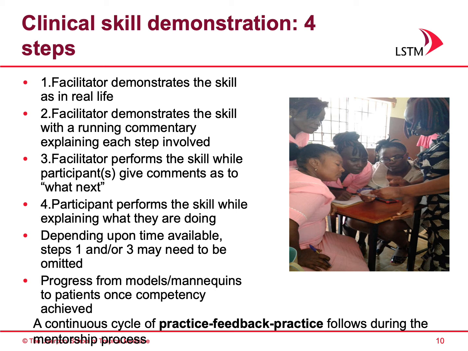And then the facilitator should demonstrate the skill again, but this time with a running commentary, explaining each step involved as they go along. And then for the third step, the facilitator should perform the skill while the participants give comments as to what the facilitator should do next. And finally, the participant should perform the skill whilst explaining to the facilitator what it is they are doing.